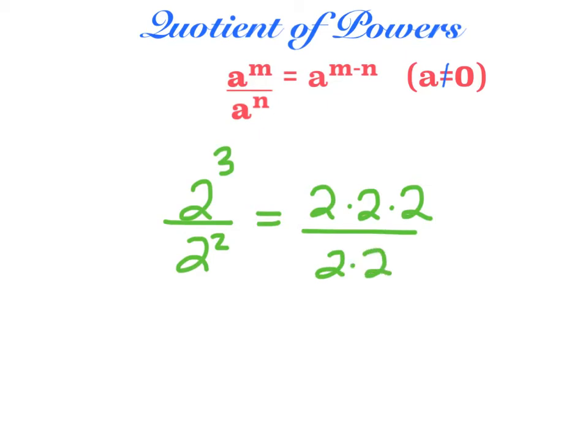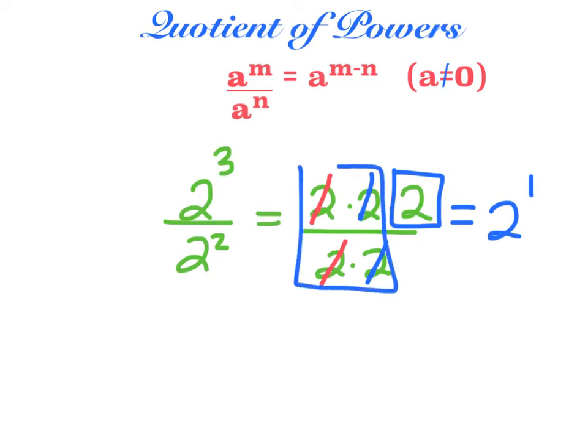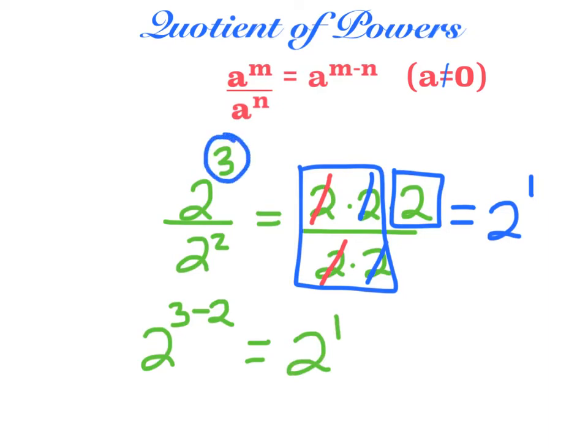So I could cancel out that pair of 2's and that pair of 2's and just have 2 to the 1 power left, right? We're subtracting away all the ones that are in common. It's the same thing as if we were to go 2 to the 3rd power and then take away 2 of those exponents because 2 of them are going to match and have 2 to the 1 power. So think, when you're doing division, you subtract your exponents.